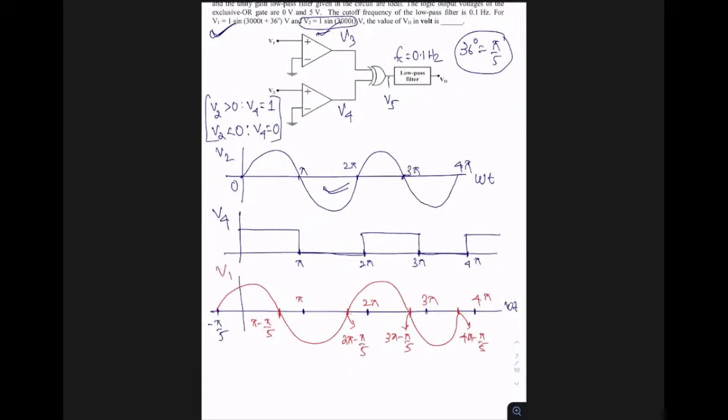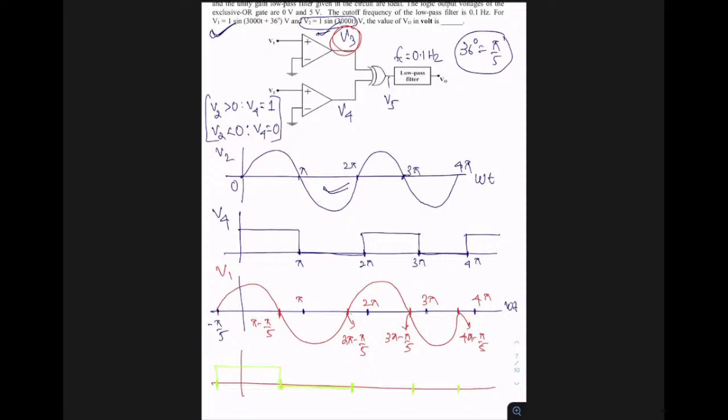Now, what is my need? My need is to plot this V3. Now, to plot this V3, again, I'm drawing this. So I'll be taking this as the reference. Okay, so this is minus pi by 5. This is this, again this, again this, and again this. That means between this segment, this is logic 1, and this segment, this is 0.